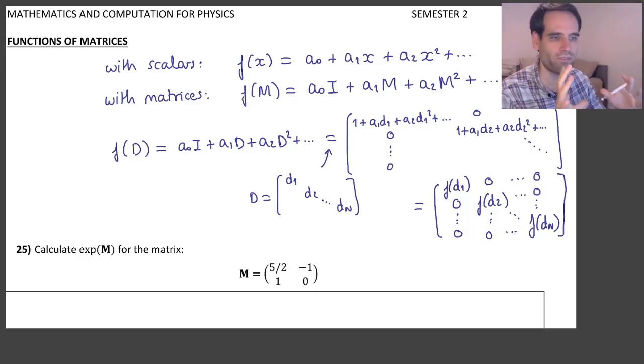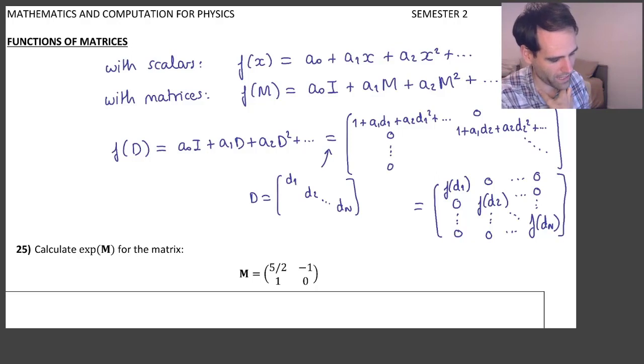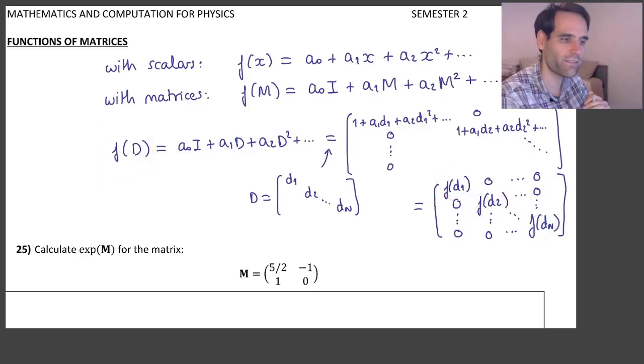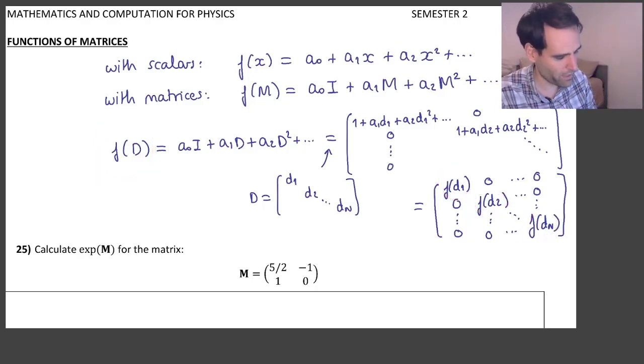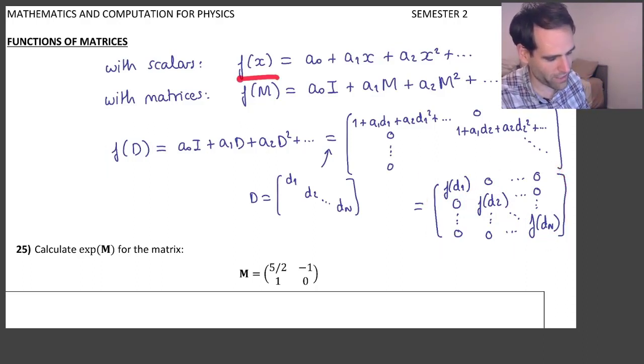It's not a very formal proof, I did it very hand-wavy, but you can see that there is some logic behind calculating the function of a diagonal matrix simply by applying the function to each of the diagonal elements. So suddenly this becomes very easy to do, and therefore you can apply the function to any matrix as long as you can diagonalize it.